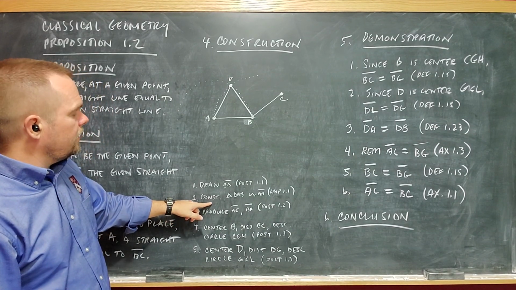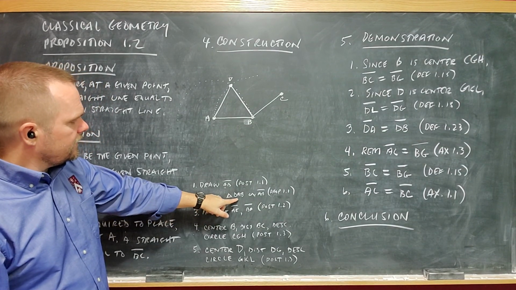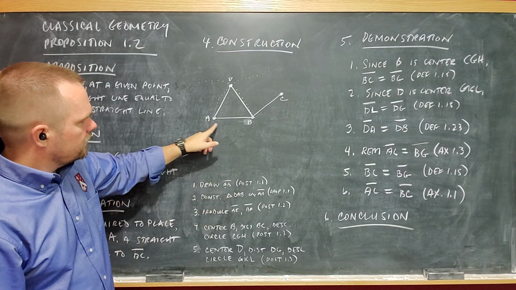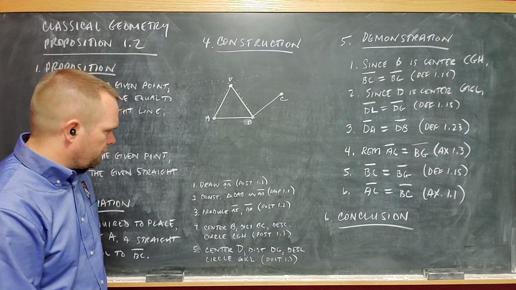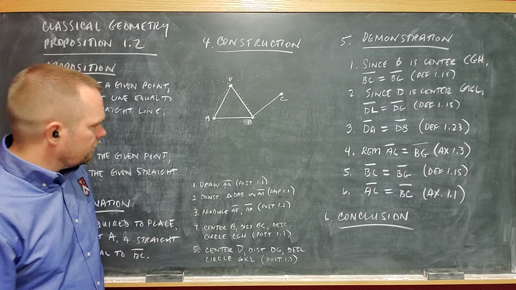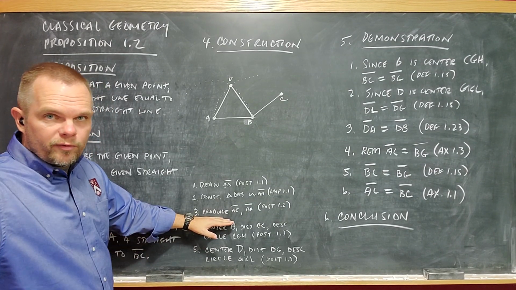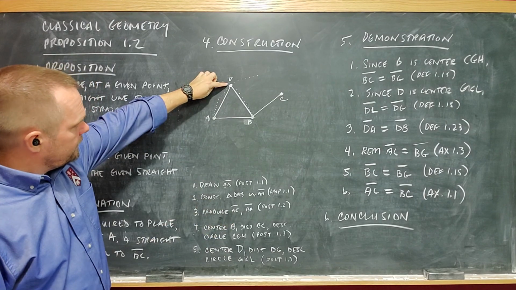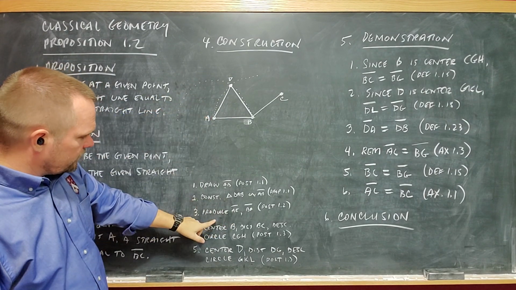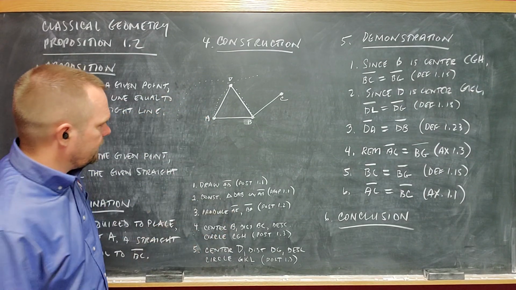We've constructed the equilateral triangle DAB on the straight line AB. Now, our third step is we're going to produce or carry forth line DA to produce line AE.